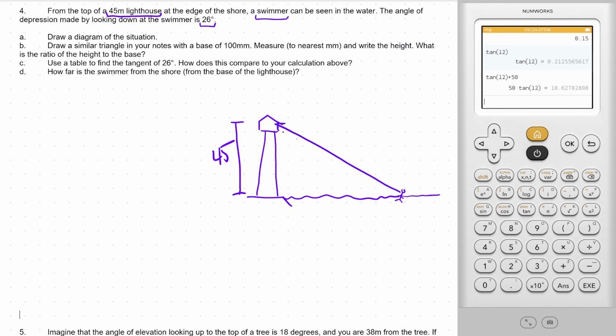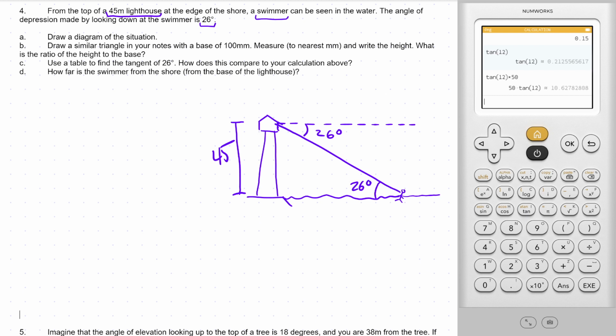Now remember that an angle of depression is an angle below horizontal. That means this angle is 26 degrees, not this angle right here. That's a different angle. But as we can recall from problem number 2, if the angle of depression is 26 degrees, then the angle of elevation here is also going to be 26 degrees.